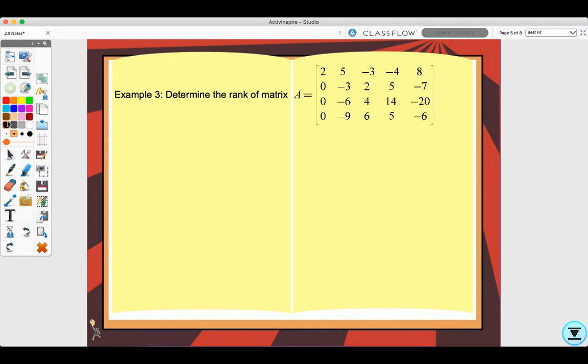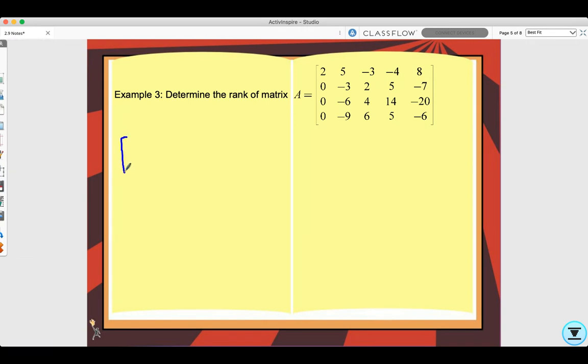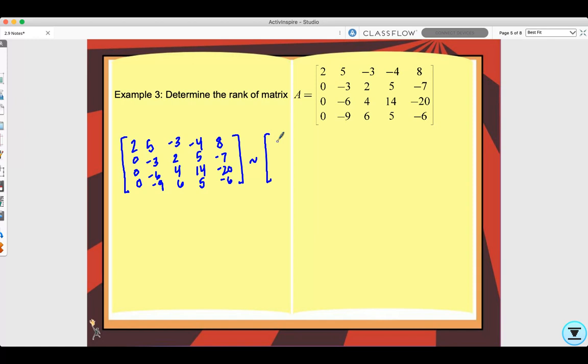Example 3. Determine the rank of the matrix. So we're going to take this matrix A and reduce A to echelon form. I'm not going to go through all the steps, I'm just going to give it to you.